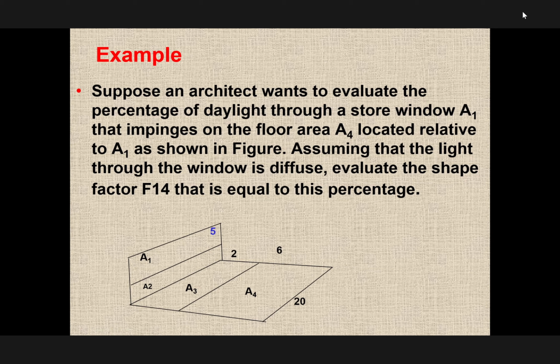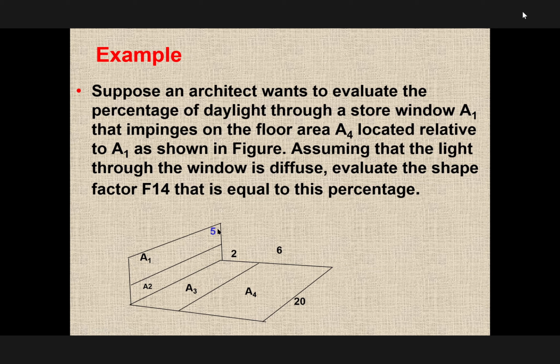Again, also remember, I can calculate a shape factor of 5 to 6. I mentioned shape factor of 5, F5,6 times A5 is equal to shape factor of 6, F6,5 times A6, okay?